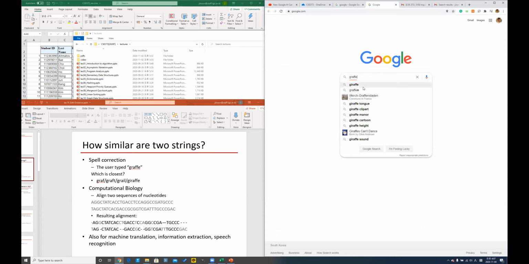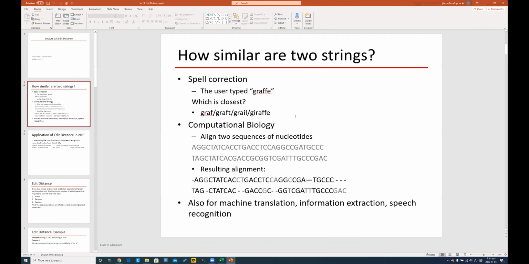They are asking giraffe or griffin and giraffe tongue and graphics time. How does this all work? I even typed it wrong, right? Then they automatically suggest these sets, right? That is based on edit distance.